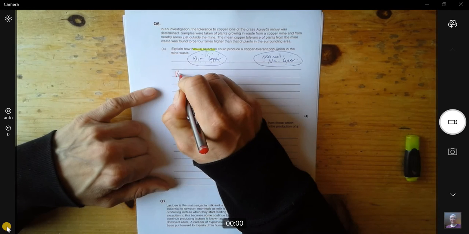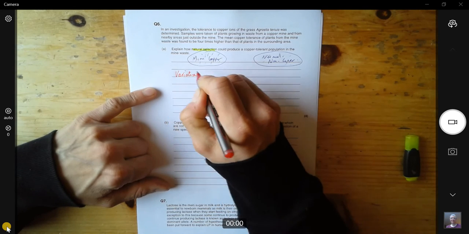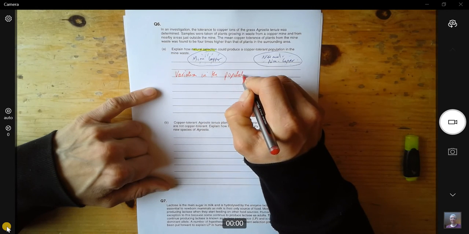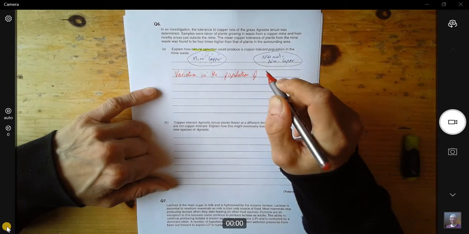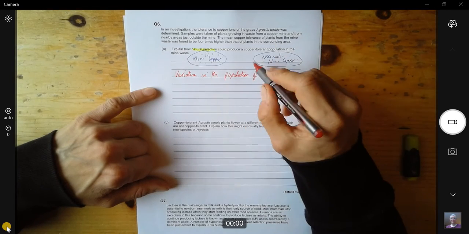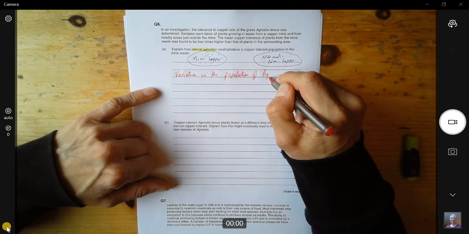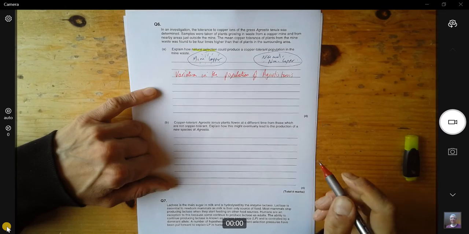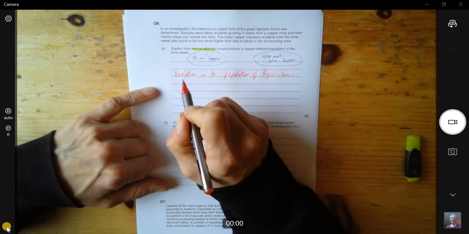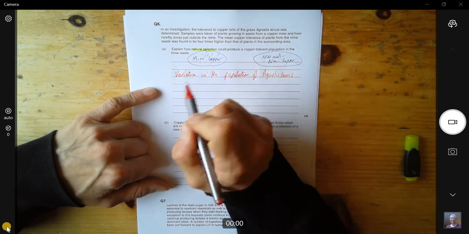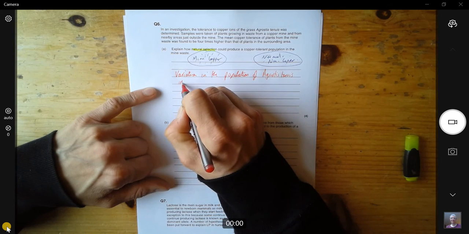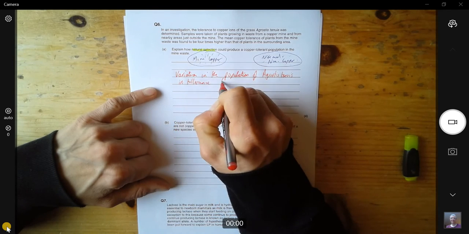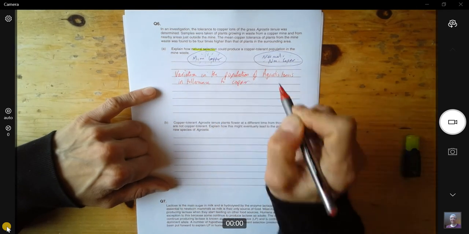So variation in the population of, let's say, Agrostis tenuis. So it's variation in tolerance to copper.